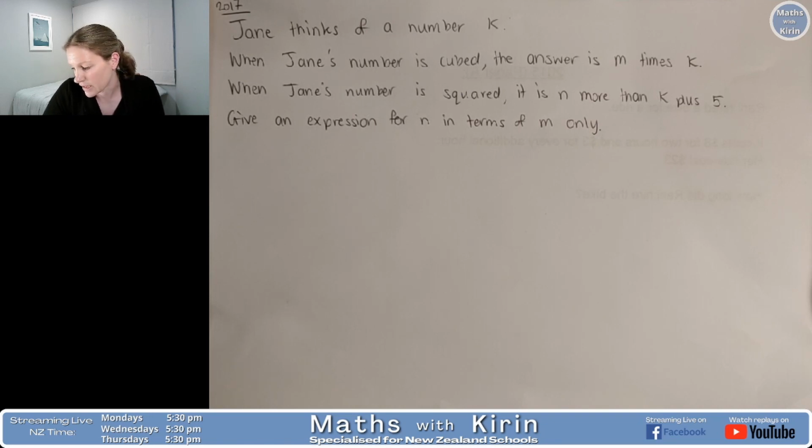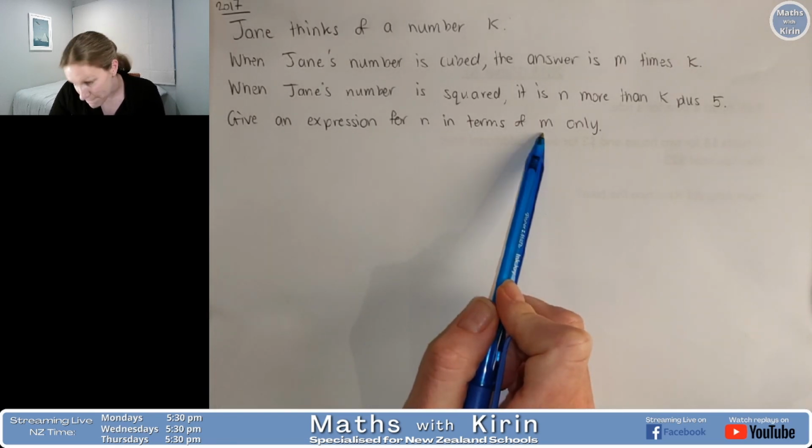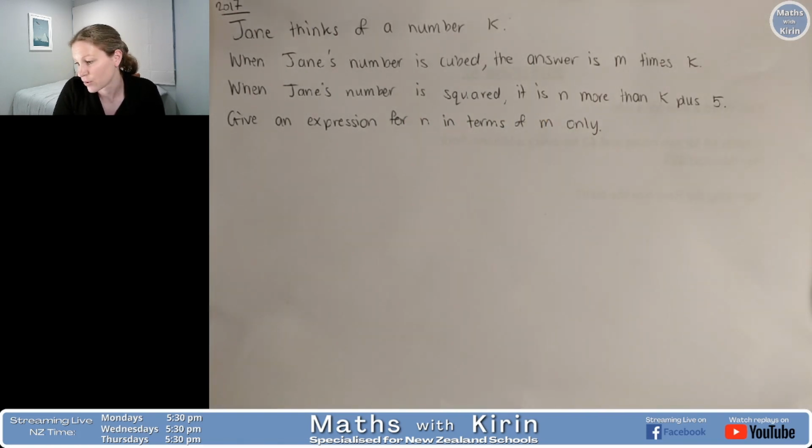And the question is asking us to give an expression for n in terms of m only. So this is really similar to that last question that we just did. We're dealing with n's and m's and k's in this particular question, and we also need to write out the equations that we're given from the context.